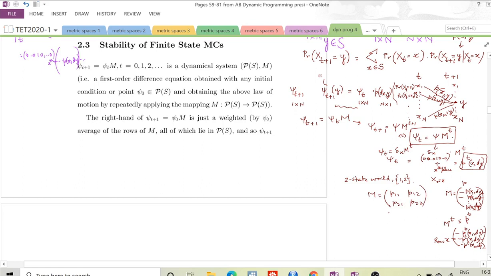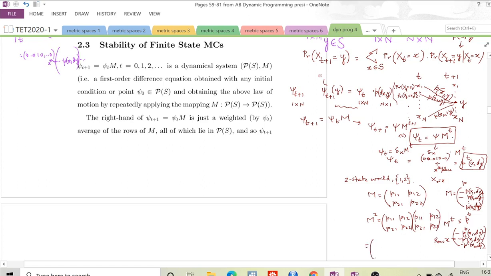Then M squared is, very quickly, so unfortunately I'm not editing these videos, so I can't fast forward, so you'll have to bear with the matrix multiplication here.